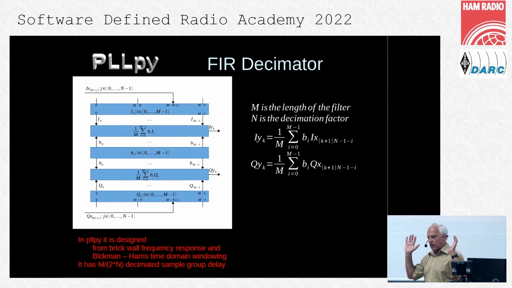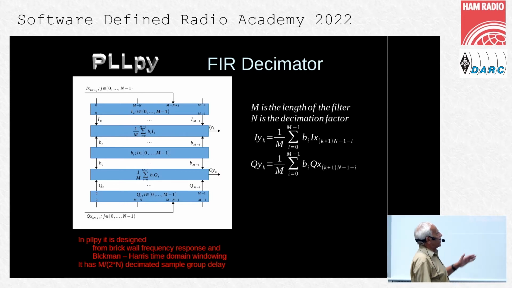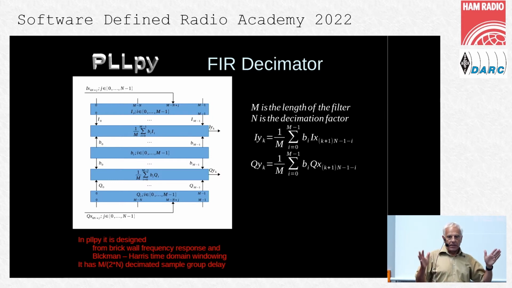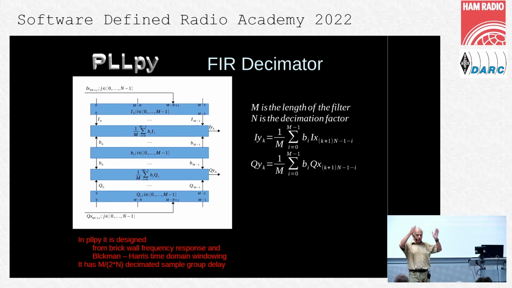Okay, here is the algorithm for an FIR decimator. The important thing in the FIR filter is that if you decimate the output, you don't have to compute those samples which you throw away. If your decimation factor is n, you have to compute only every nth sample. And this algorithm actually does that.